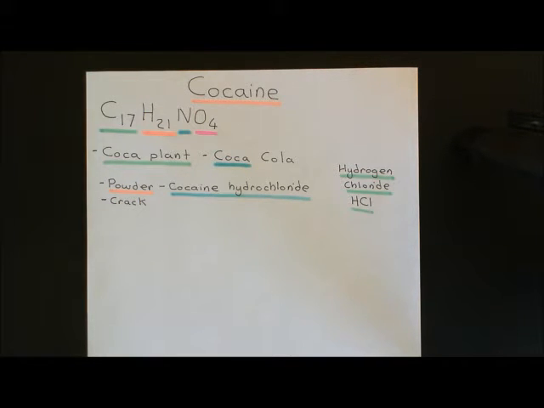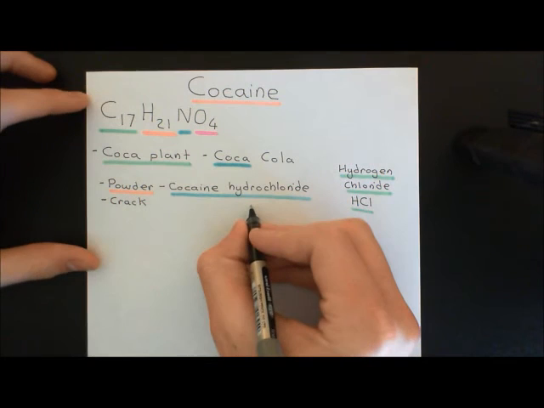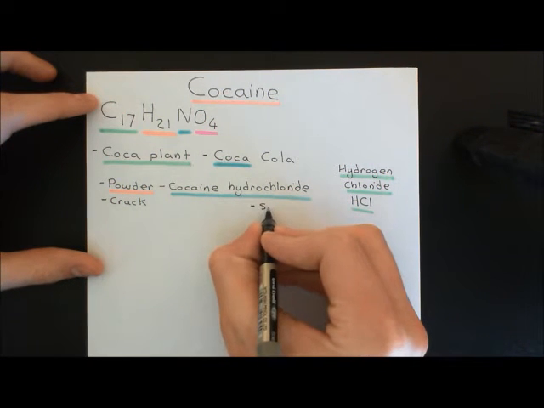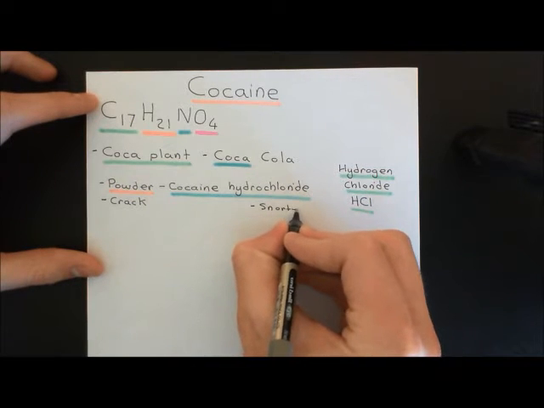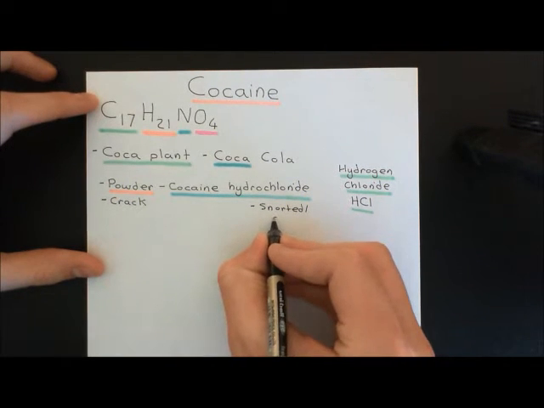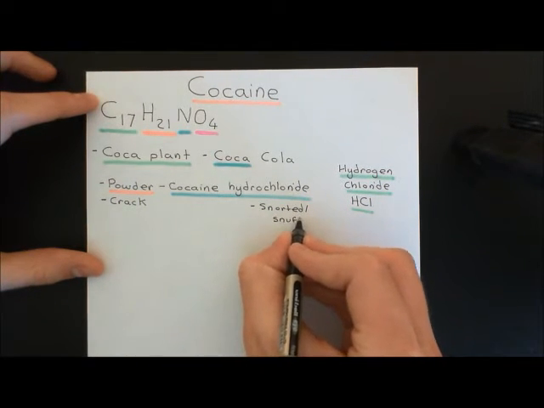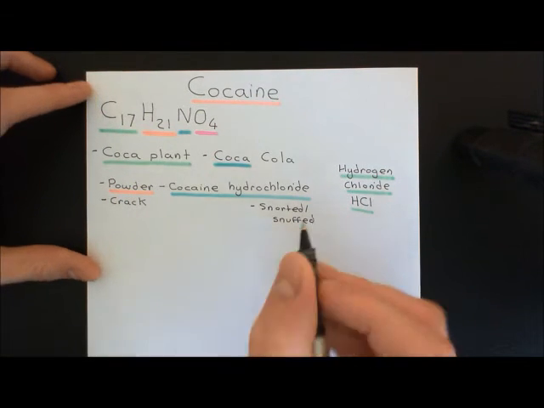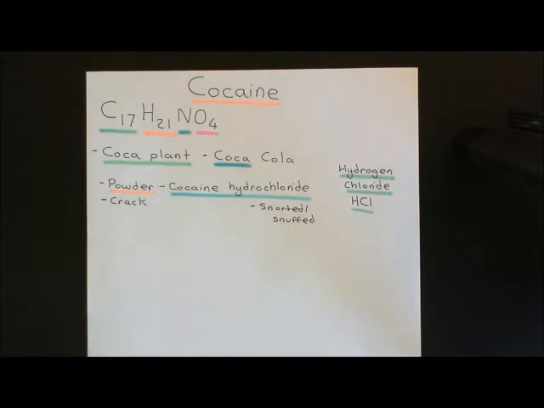Now, how is cocaine hydrochloride actually taken? Well, famously, it can be snorted, or another word for it is snuffed, so it can be inhaled into the nasal cavity, and then it coats the nasal epithelium and is absorbed into the bloodstream across the nasal epithelium. The nasal epithelium is the mucous membrane lining the inside of your nose, basically.